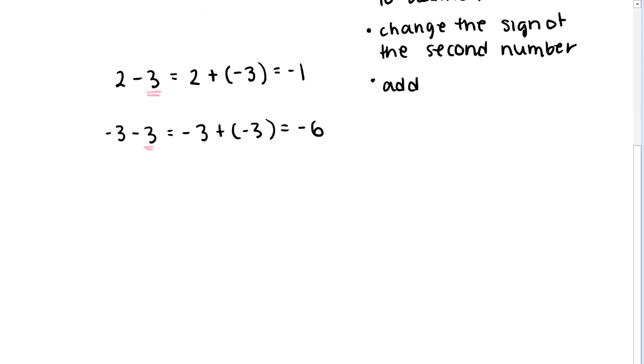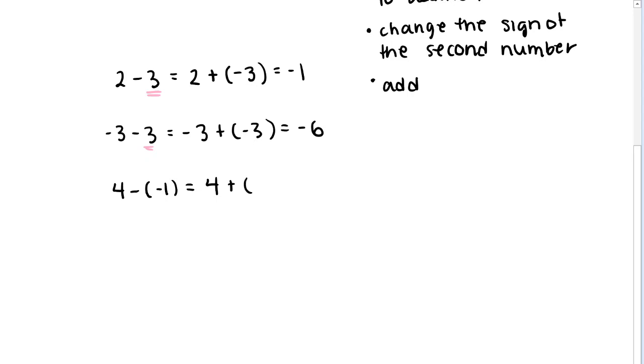Okay, what about examples where the second number is negative? What if I have 4 minus negative 1? So here, if we go through the same steps again, instead of subtraction, we're going to write this as addition of the opposite of the second number. So adding on the opposite of negative 1.